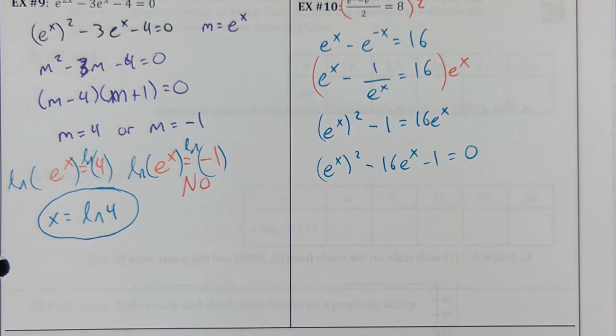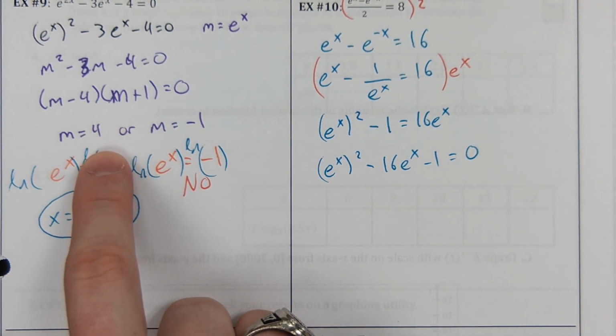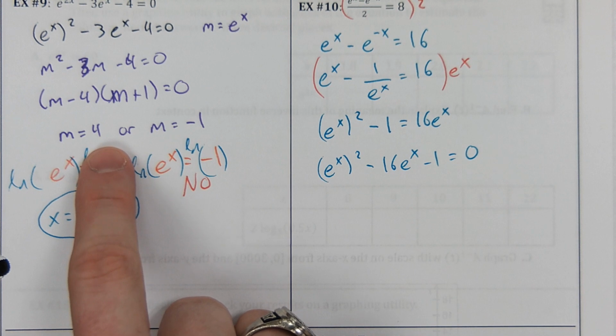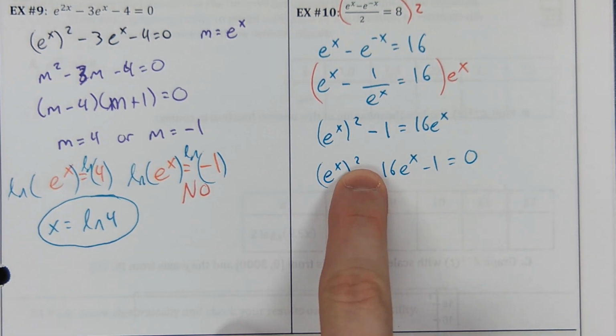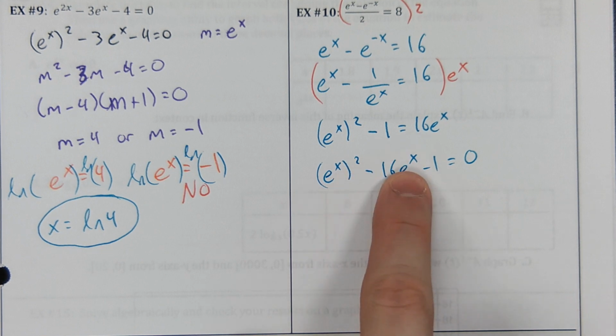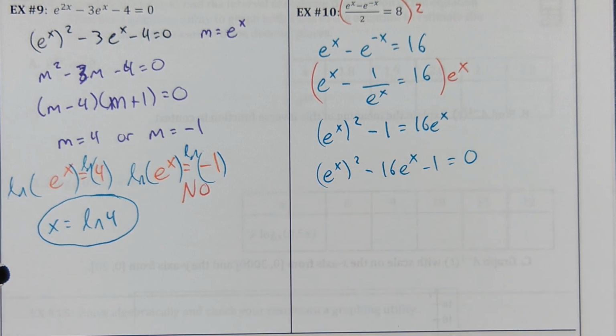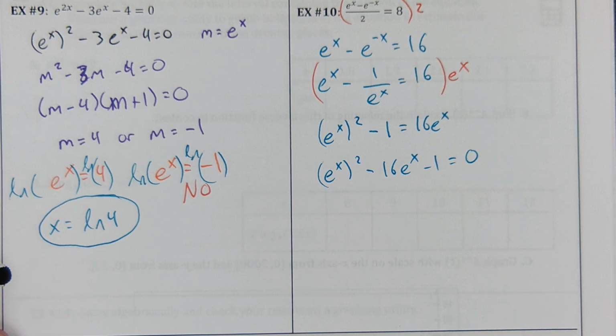This way we're not having to make the substitution. The only reason I bothered making the substitution is so you would know and trust that yes, this is quadratic. But since it's obviously quadratic because one of the expressions is squared and one is not, and we know the variable expression is e to the x, not x, let's just go ahead and get our quadratic formula.